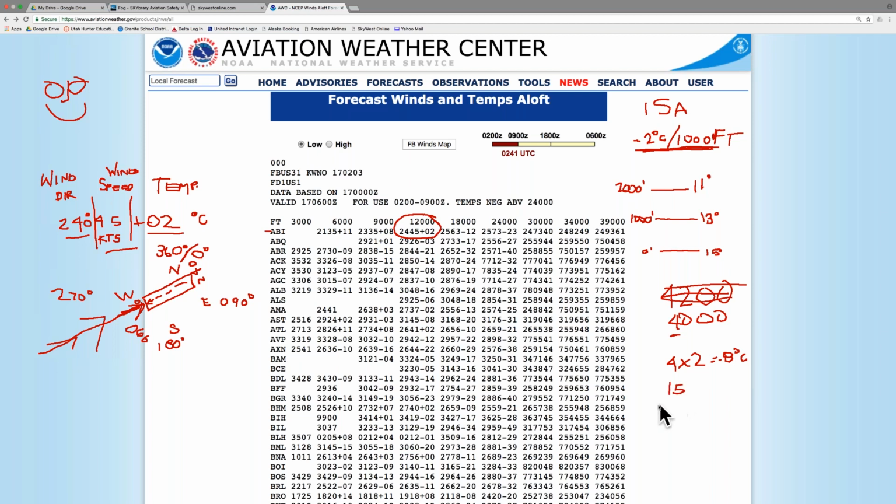Okay, 15 degrees minus 8 degrees equals 7 degrees Celsius. This is standard temperature in Salt Lake. Does that make sense, Matt? Yeah, so you got the 7 based off of the 15 degrees Celsius, because that's your standard temperature.